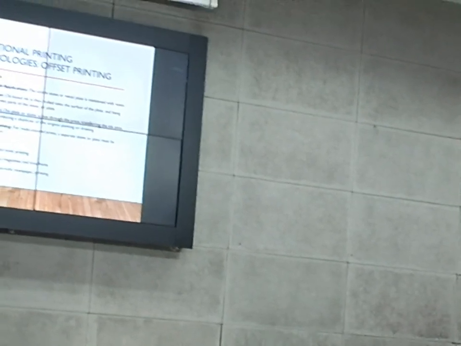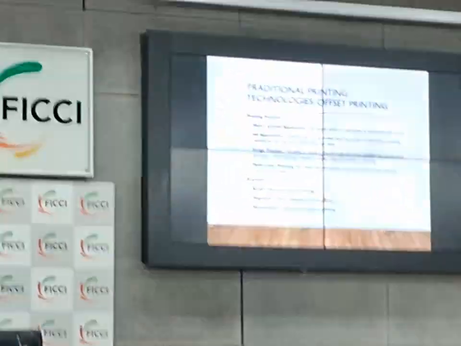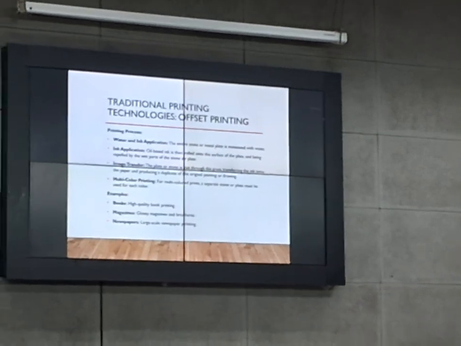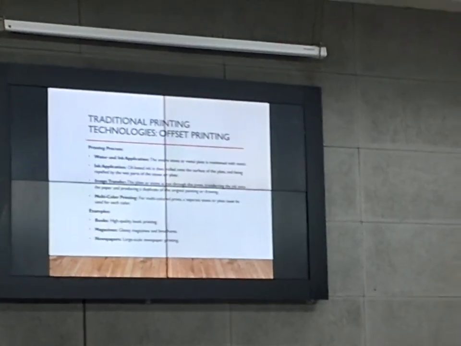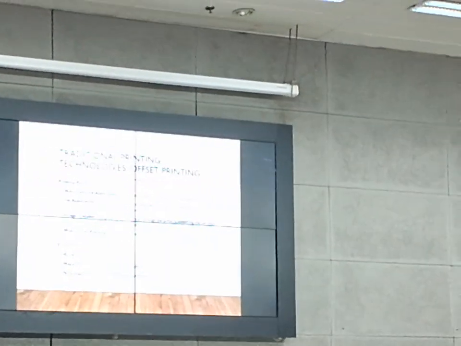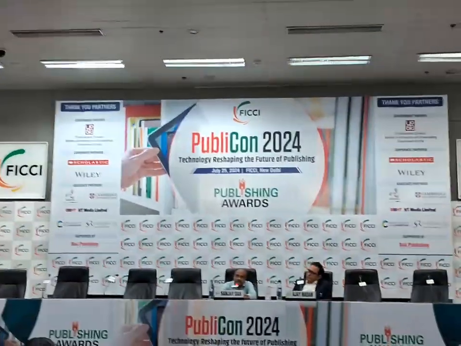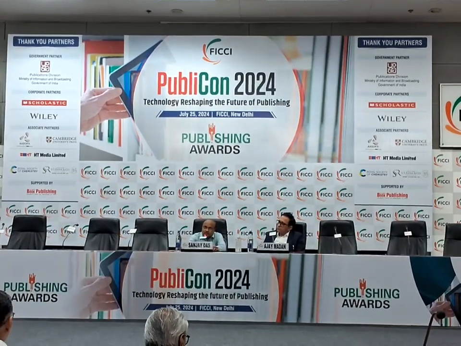Then the inking roller is applied onto the same plate, the same surface. The ink will adhere to the image area only, not the non-image area, because the dampening solution has already been applied there. So it prevents ink from adhering to the non-image area. Only the image area receives ink, and the ink is finally transferred to the substrate through the blanket cylinder.